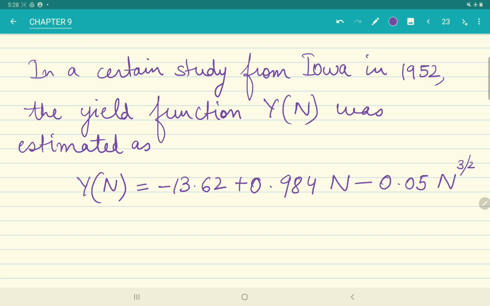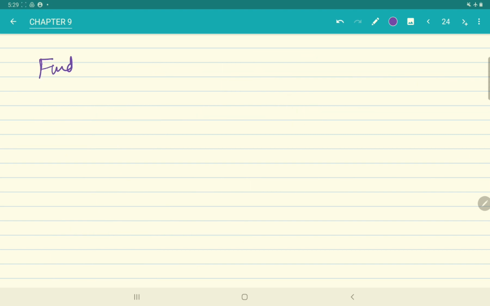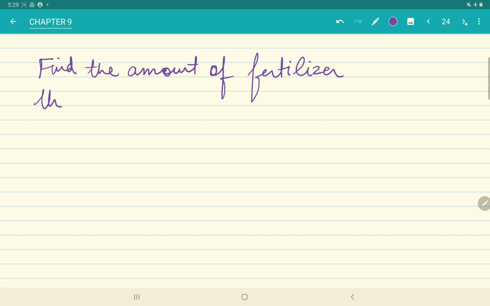Now let's say the price of wheat, which is P, is $1.40 per bushel, and the price of fertilizer is $0.18 per pound. We have to find the amount of fertilizer that maximizes profits.